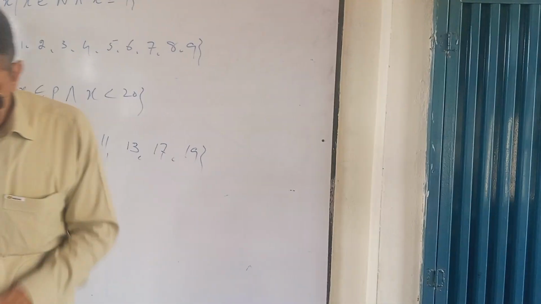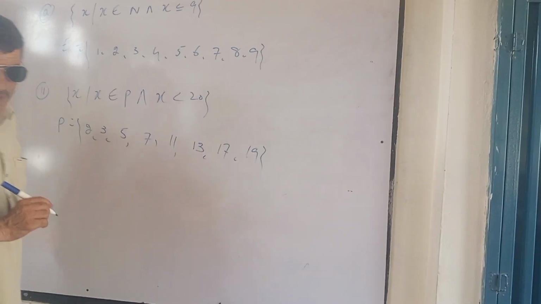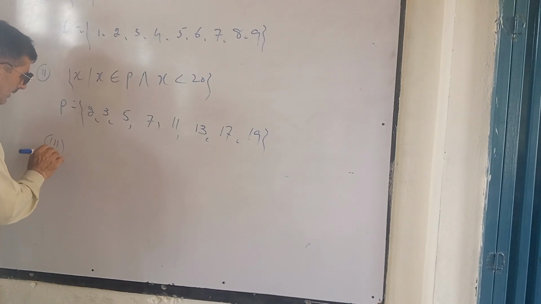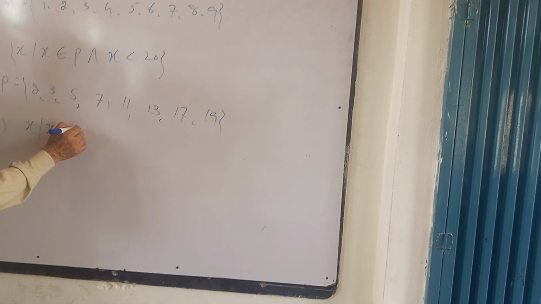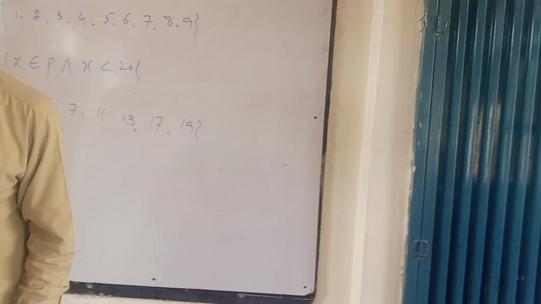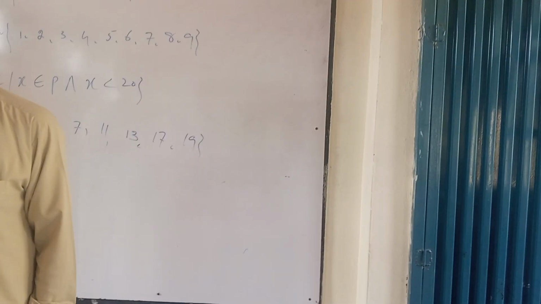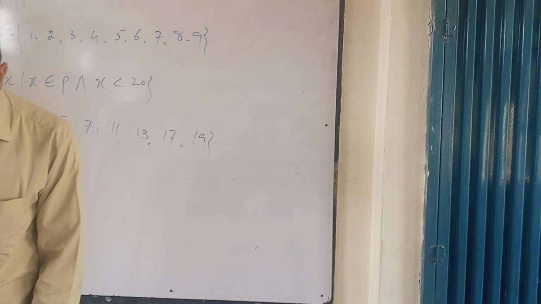Similarly, part 3: x such that x is a member of E. E are the even numbers, and even numbers are those numbers which are divisible by 2. That can be written in the form of 2n.